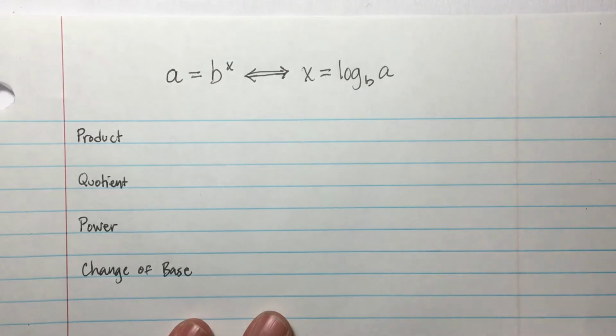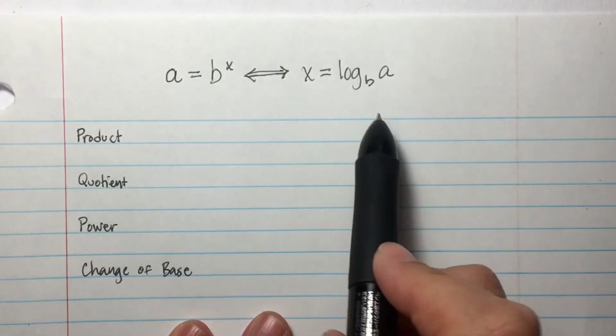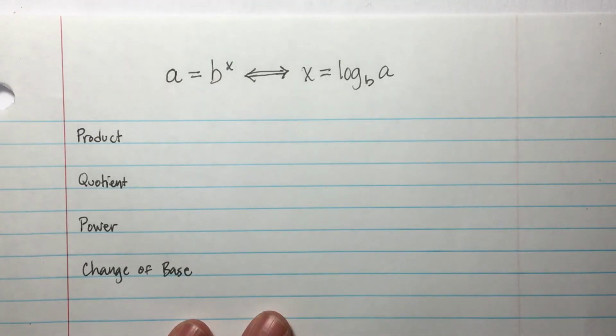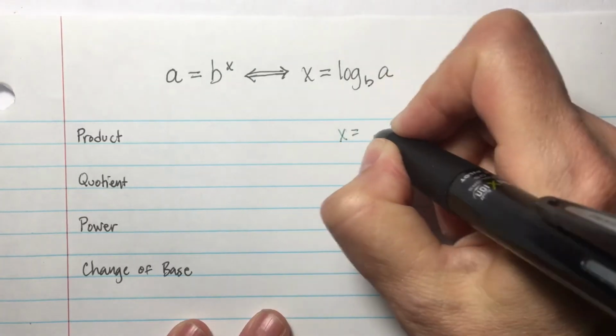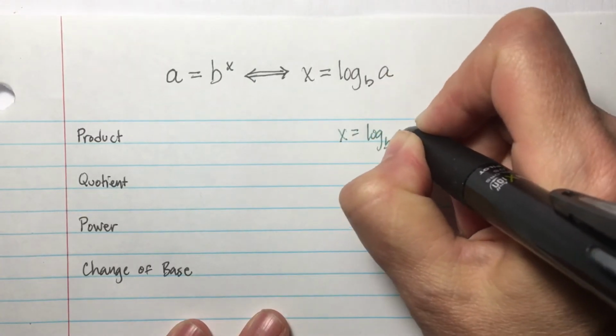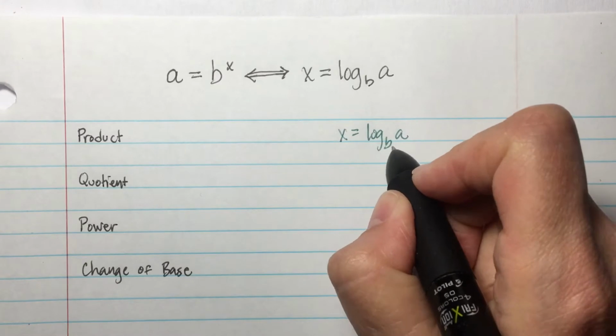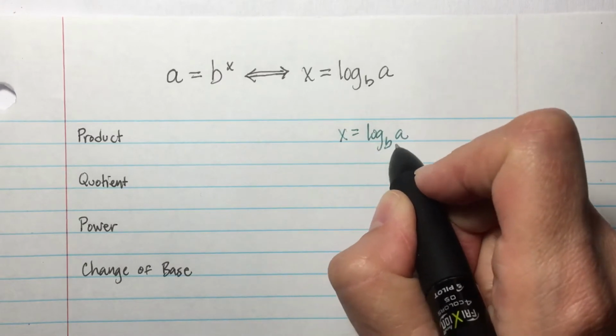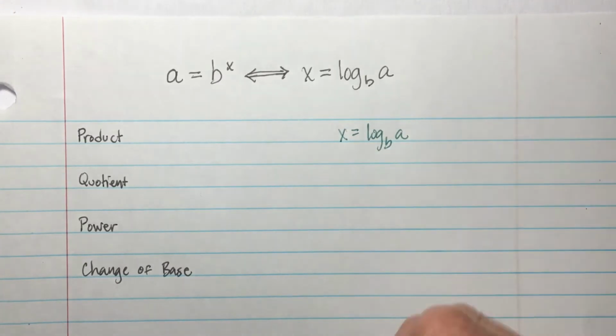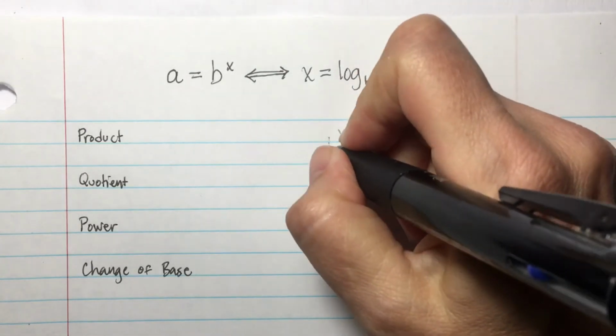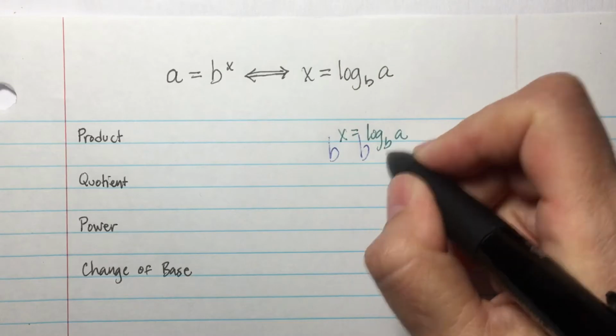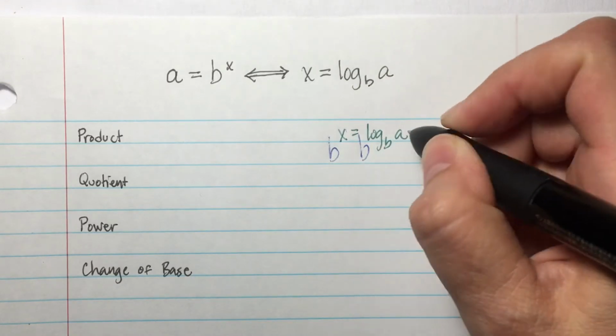And by the way, if I am going to go from log form to exponential form, here is how I remember how to do this. If I raise both sides, if I do b to the power on both sides, that sounds really weird, but b to the log base b, those are inverses of each other.